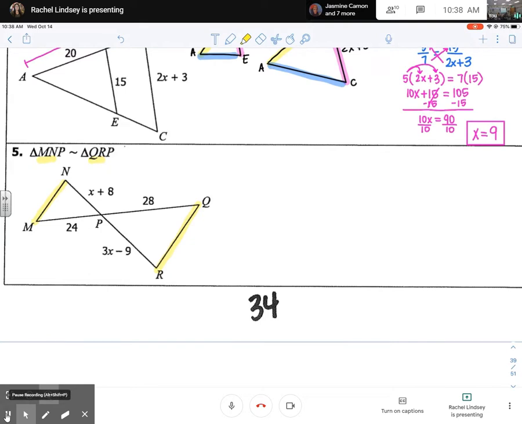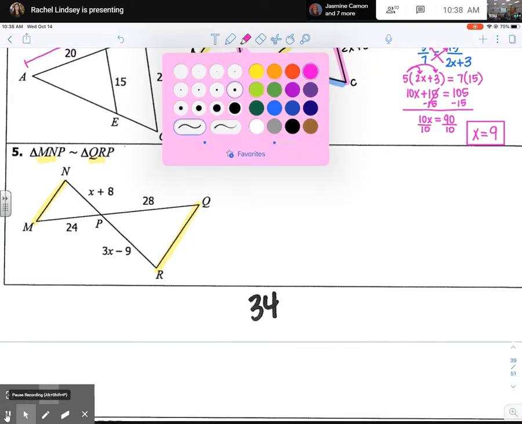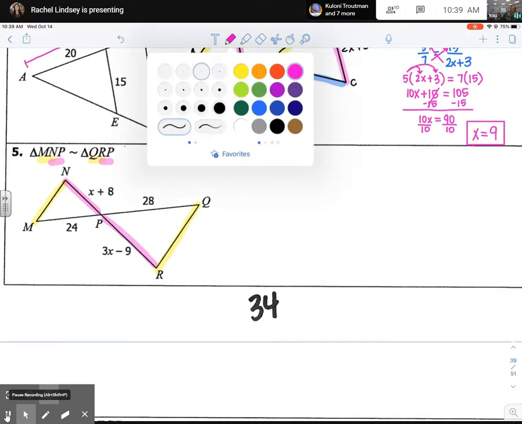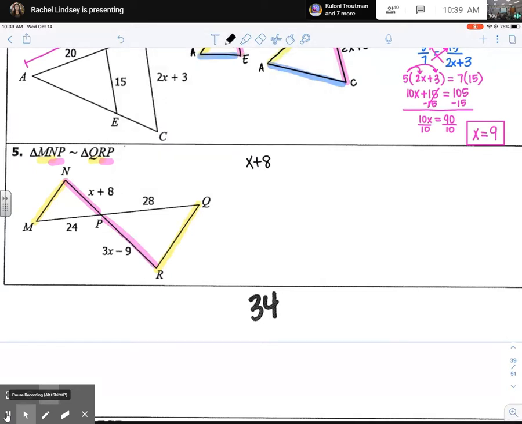So no ratio for those because there's no numbers on them. Then NP goes with RP. So I can write a ratio for that. So I'll have x plus 8 over 3x minus 9, because I'm going left to right. And then the last one, MP, goes with PQ.